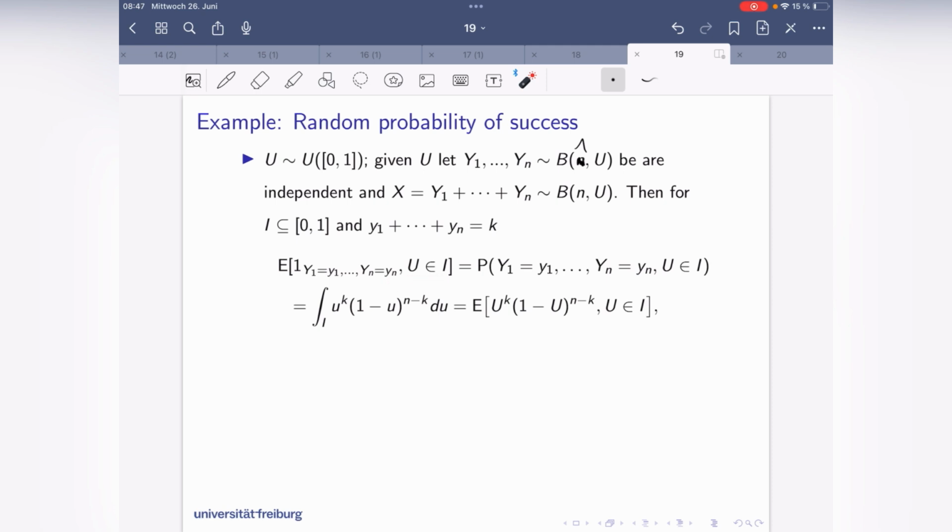And how do I do this? Well, first I have to realize my success probability somewhere in I, and then I have U to the power of k, 1 minus U to the power n minus k. And that's the same as the expectation of U to the power of k, 1 minus U to the power of n minus k.